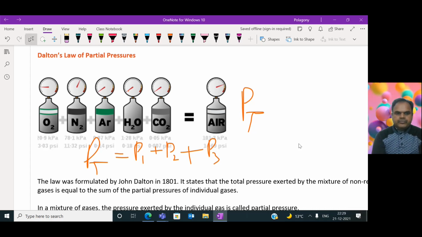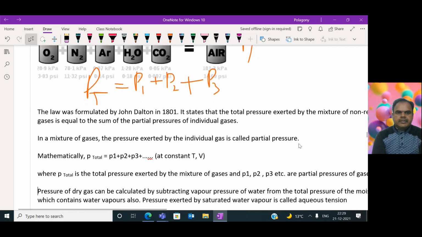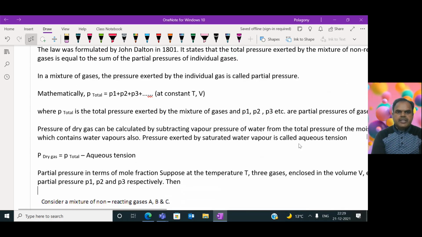In a mixture of gases, the pressure exerted by an individual gas is called the partial pressure. Mathematically, P total is equal to P1 plus P2 plus P3.